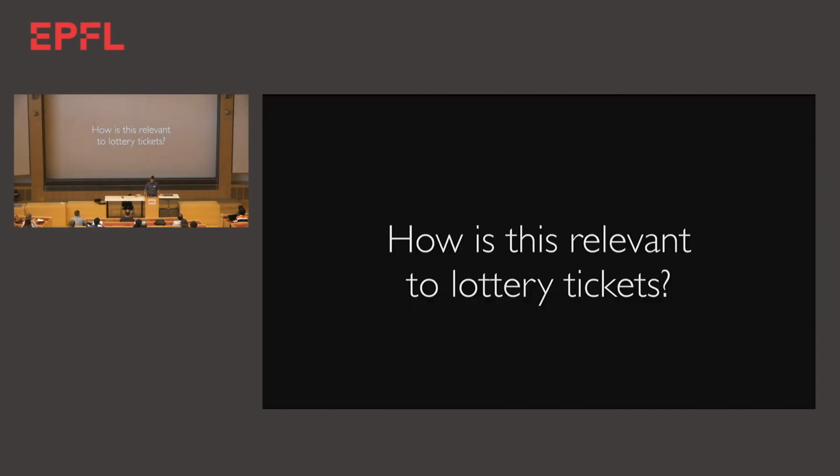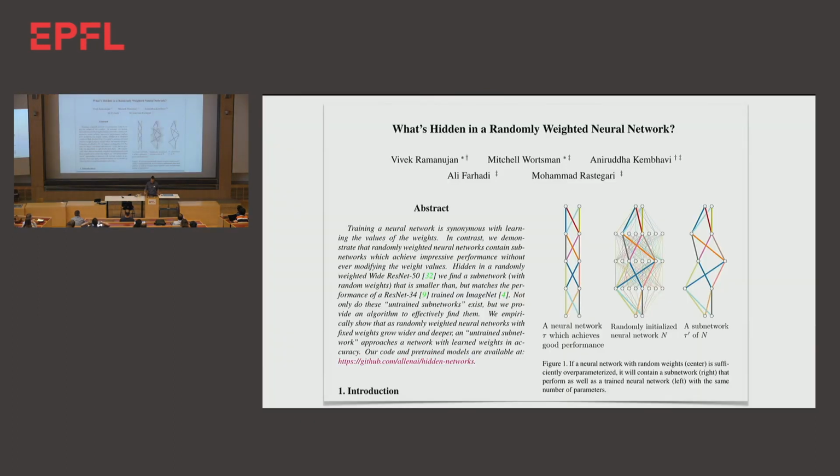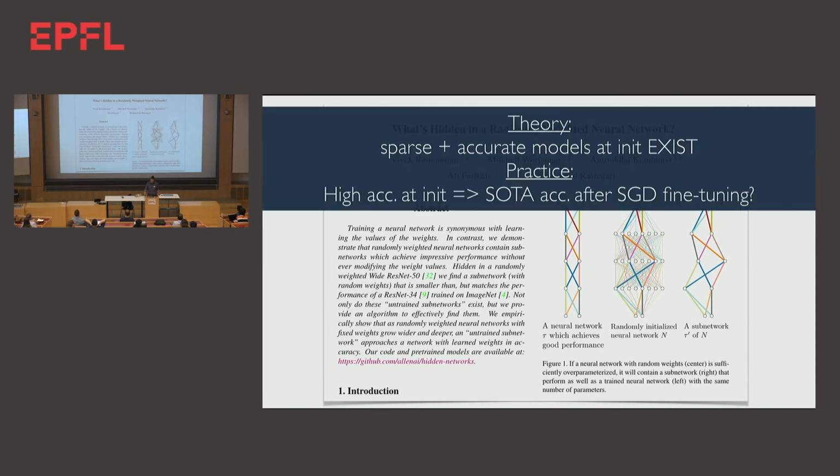All right, so how is this relevant to lottery tickets? This says that in theory, you can prove that sparse and accurate models exist at initialization. In practice, high accuracy at initialization should maybe lead you to high accuracy after training.